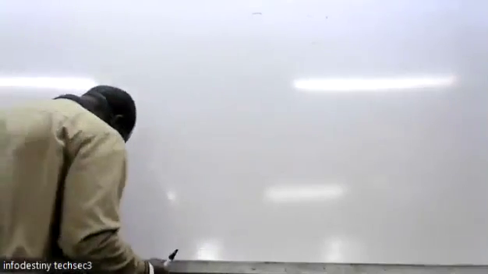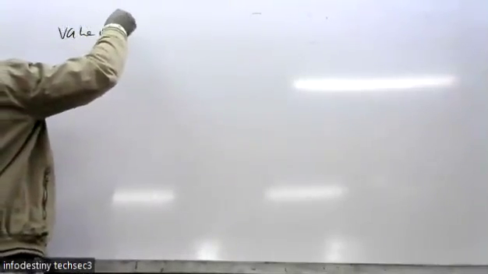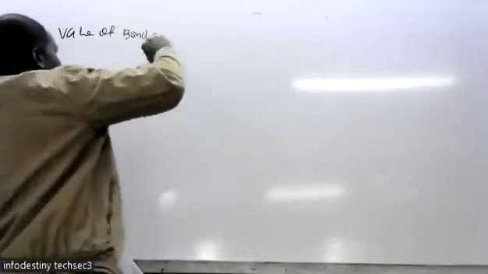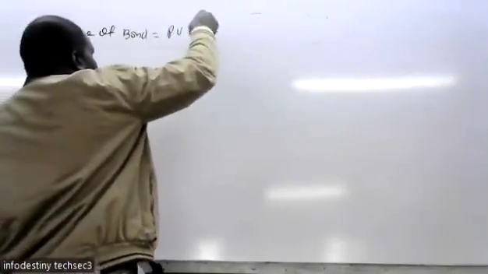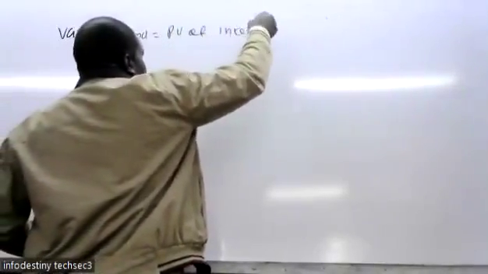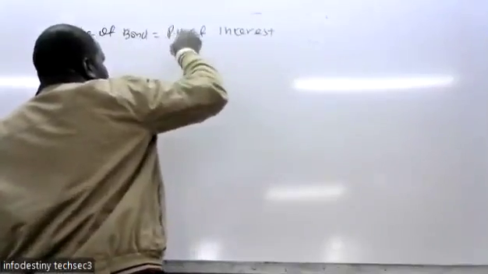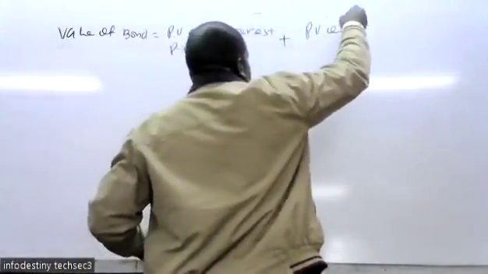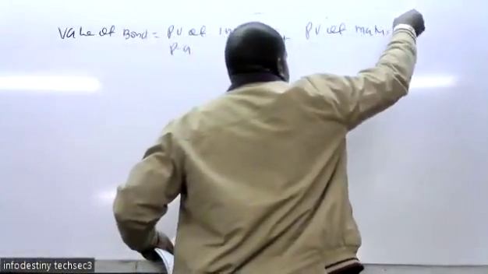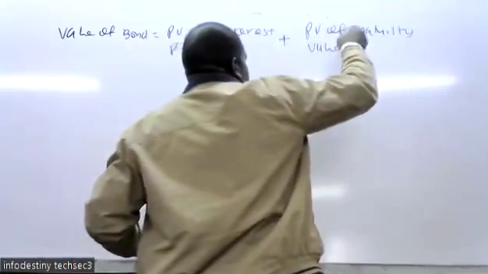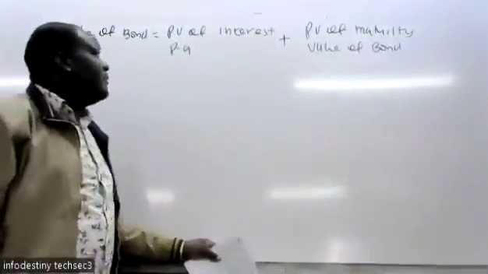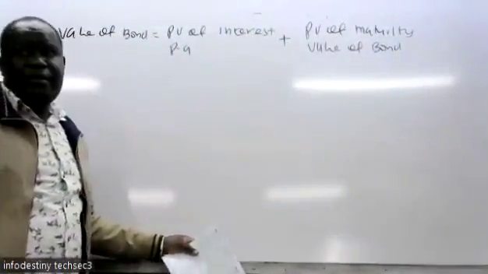So to get the value of the bond, the value of the bond is the same as the present value of the interest per annum plus the present value of the maturity value of the bond.